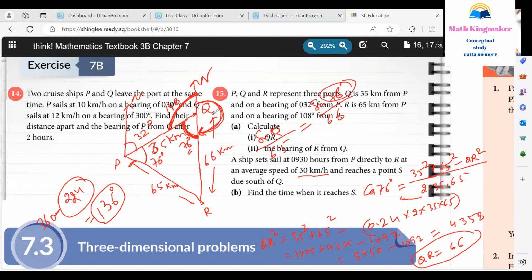Actually, this is confusing us. This angle is 136, so I'll make it like this. Here somewhere you will have your R, and I'll make it also correct.